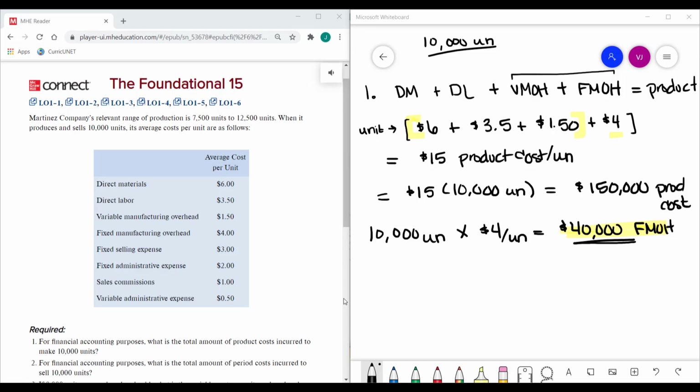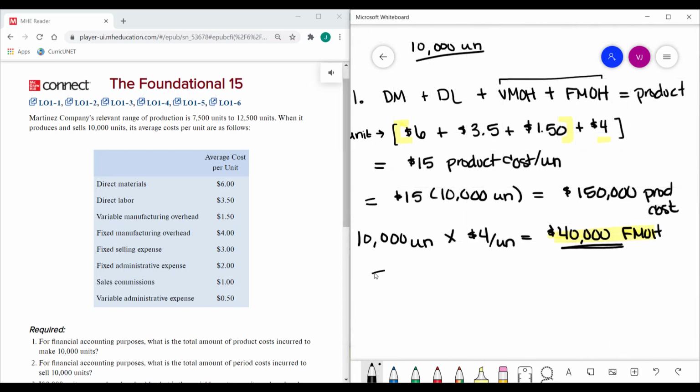For any given period, you can convert that fixed overhead or any fixed cost to a per unit amount to figure out what that fixed cost comes out to on a per unit basis. So the more production we have, the more units we're spreading that $40,000 across. But the fewer units we produce, the more expensive the fixed overhead is per unit.